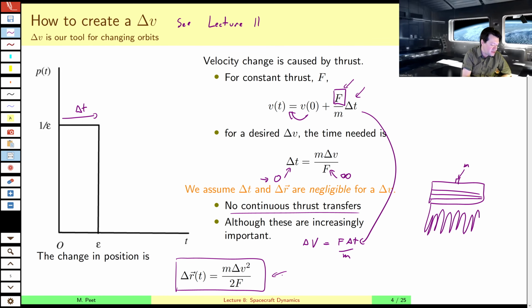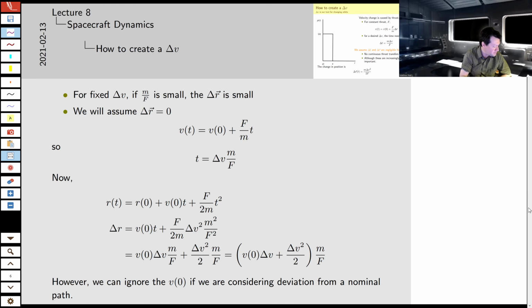Of course there is some finite change, and you can just figure it out by integrating position, integrating this once more with respect to time, and then plugging in for the time into that equation. I think I have the actual explanation on the next slide.